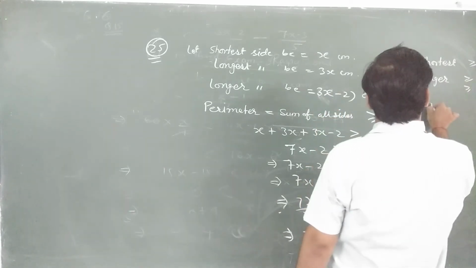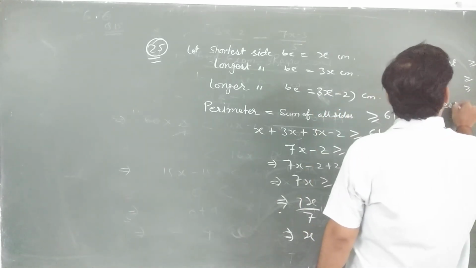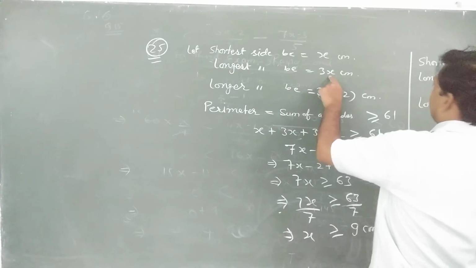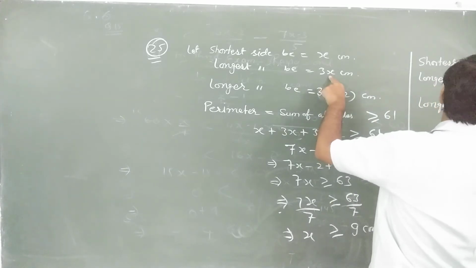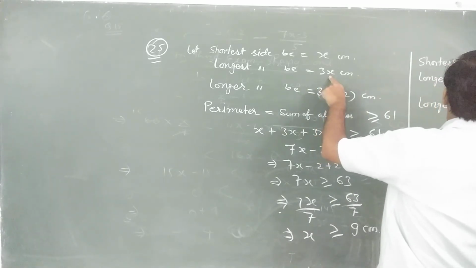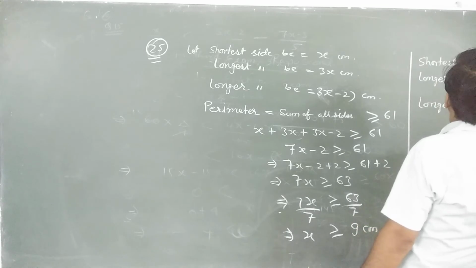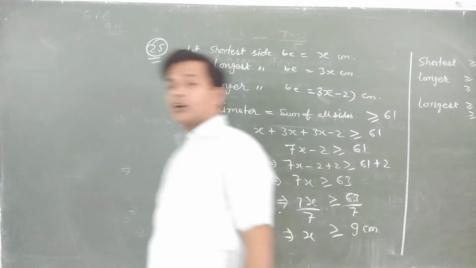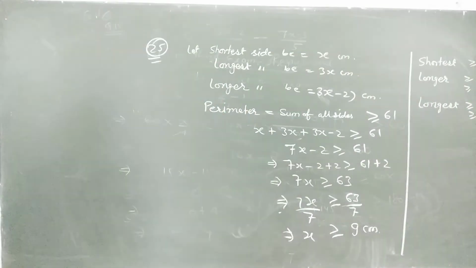And longest should be thrice of this one, 3 into 9, that is 27 centimeter. So these are the lengths of the sides of this triangle we are having.